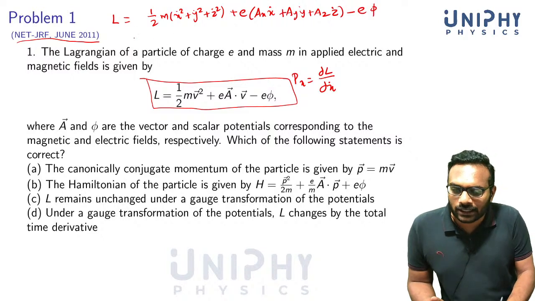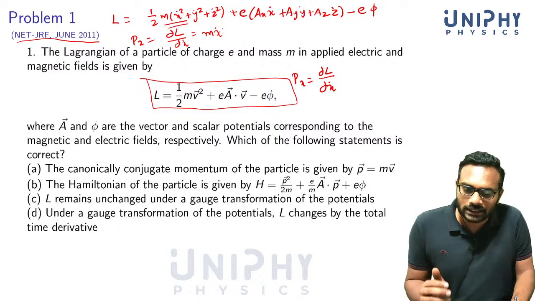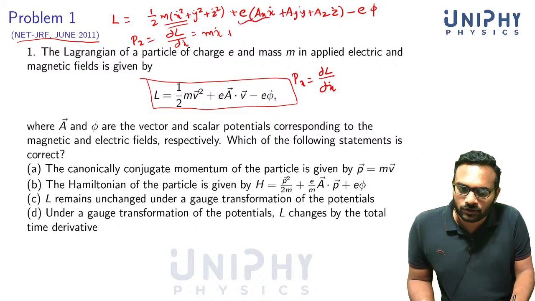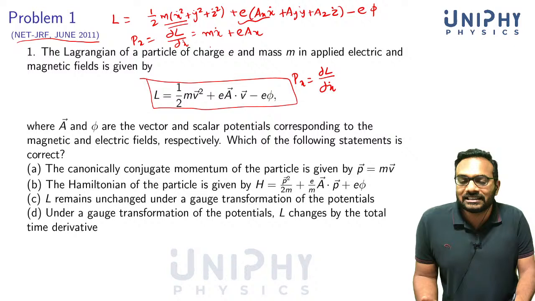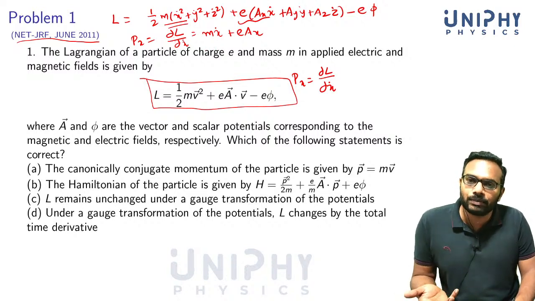Now, if you look at the x component of the conjugate momentum, you take dou L by dou x dot. As usual, you get an m x dot from here, okay, but that's not all. We have an extra term appearing from here, E Ax. This is just one component. You can also get Py and Pz.